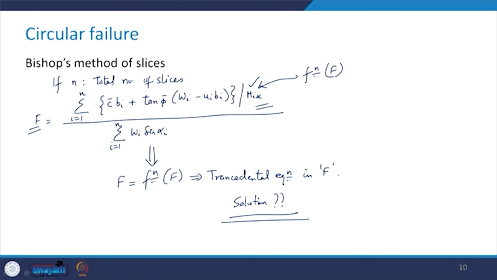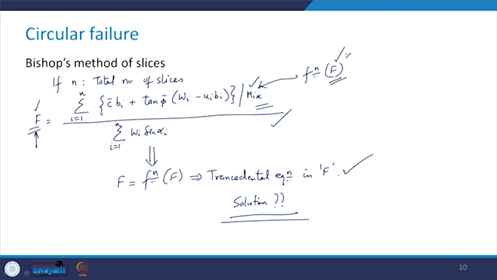Since this is a transcendental equation in F, what is done is that you assume some value of F, carry out this analysis and obtain the value of F. If the assumed value of F becomes equal to the value obtained from this expression, that is going to be the final value of the factor of safety.